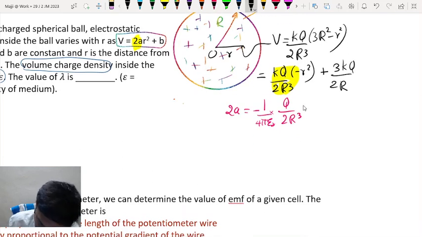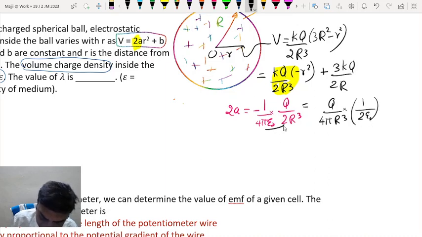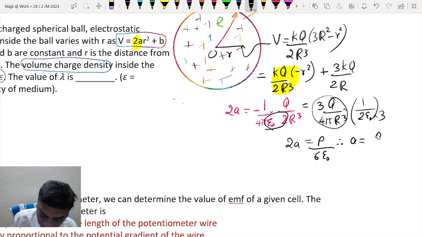So this will be Q by 4 pi R cube upon 2 epsilon 0. I have separated 2 epsilon 0 from here. And if I multiply and divide by 3, this will be rho, the volume charge density. So rho upon 6 epsilon 0. This is 2A, remember. So therefore, A will be rho upon 12 epsilon 0.